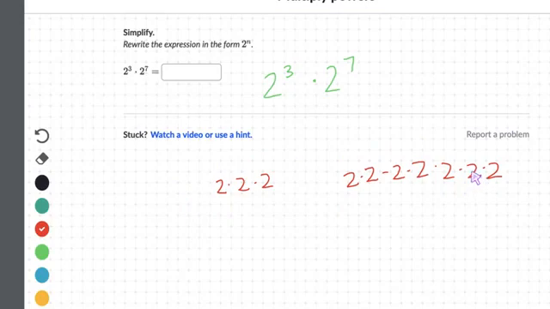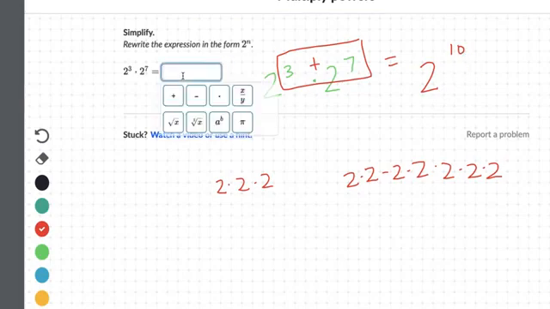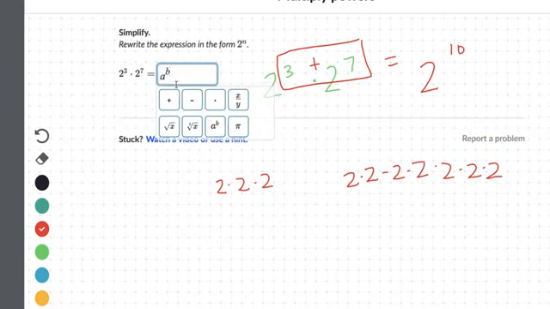Instead of counting them all up, we can just add them together. In total, there's going to be 10 2s, 2 to the 10th power. So you're going to want to choose this option so that you can write 2 to the 10th power as your answer.